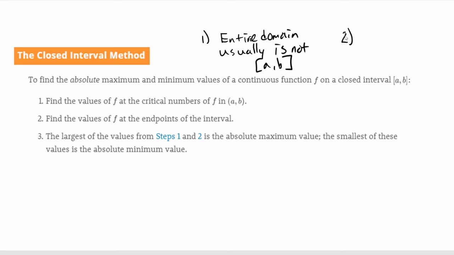Type 2 is we are looking at specifically a domain like this, where we have a function that could be defined for all real numbers or just a bigger set of numbers, and we are zoomed into one specific interval, a to b. So for 1, we use the steps above.